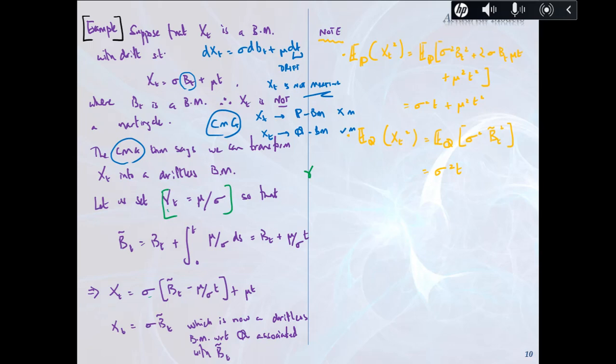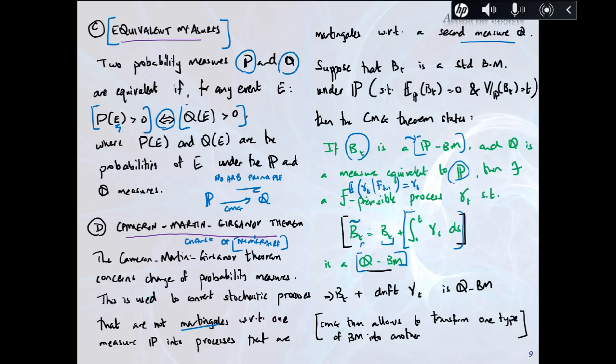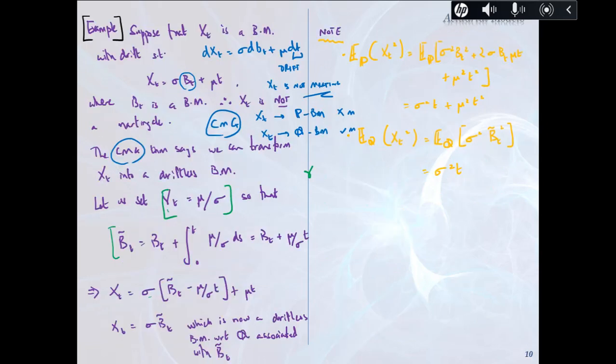CMG says that Bt tilde is equal to Bt plus the integral of the previsible process gamma. When we integrate mu over sigma, it becomes mu over sigma s, with limits from 0 to t, so we get this.